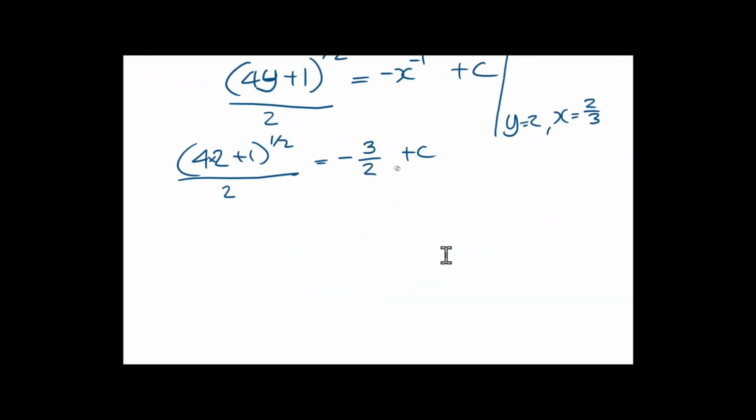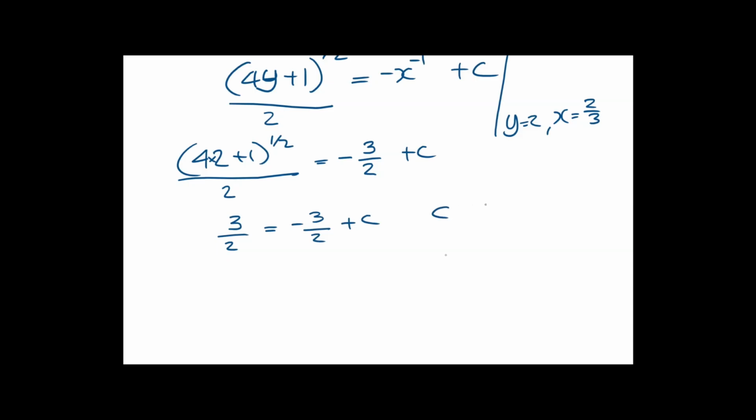So let's work this out. So this is 4 times 2 is 8 plus 1 is 9, square root of 9 is 3. So 3 over 2 equals negative 3 over 2 plus c.